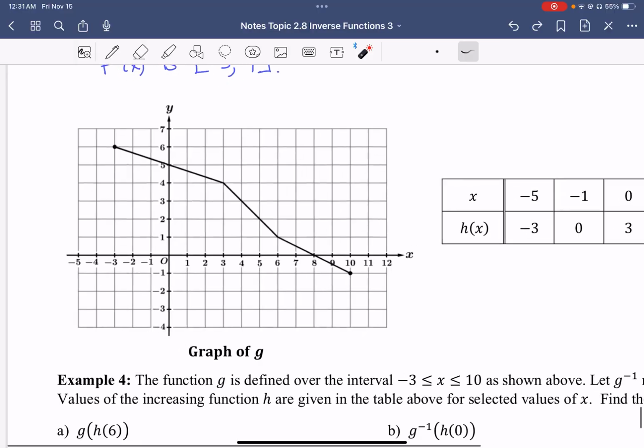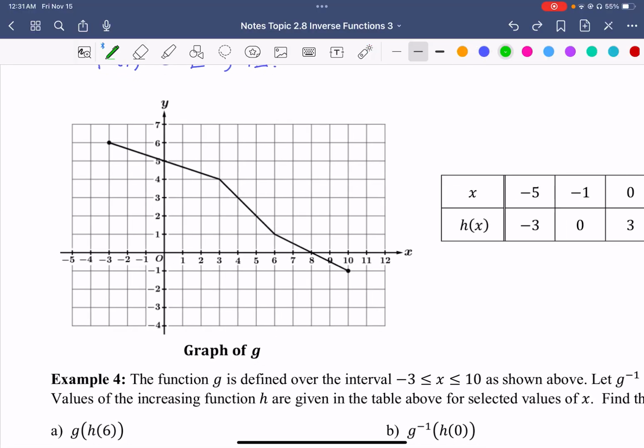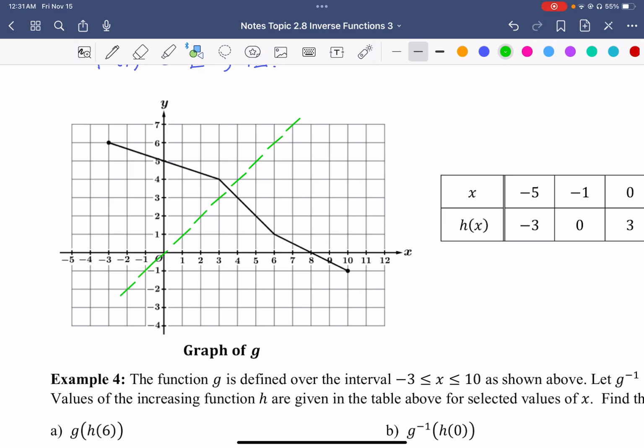So to find the graph inverse of g, I first am going to sketch my y equals x line, starting at the origin and making my diagonal line. And then I'm going to label it y equals x.